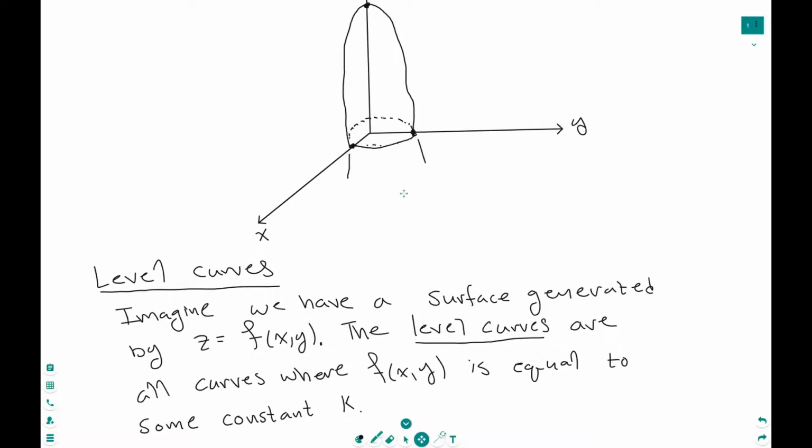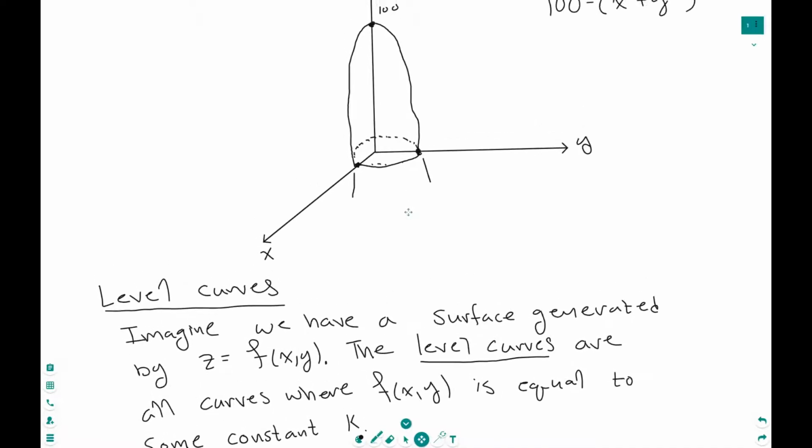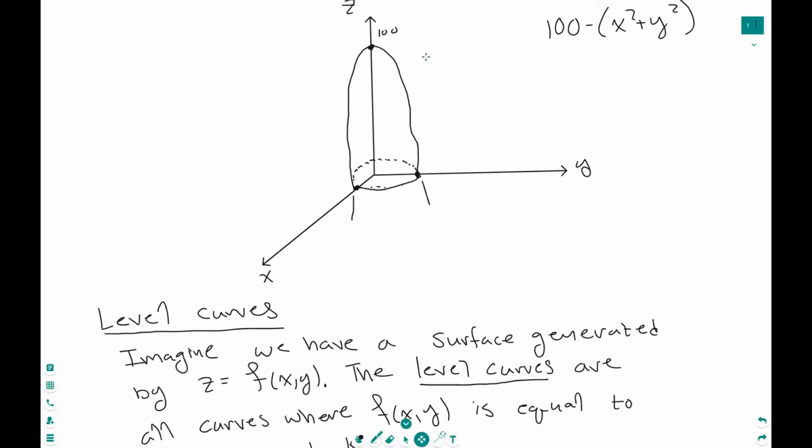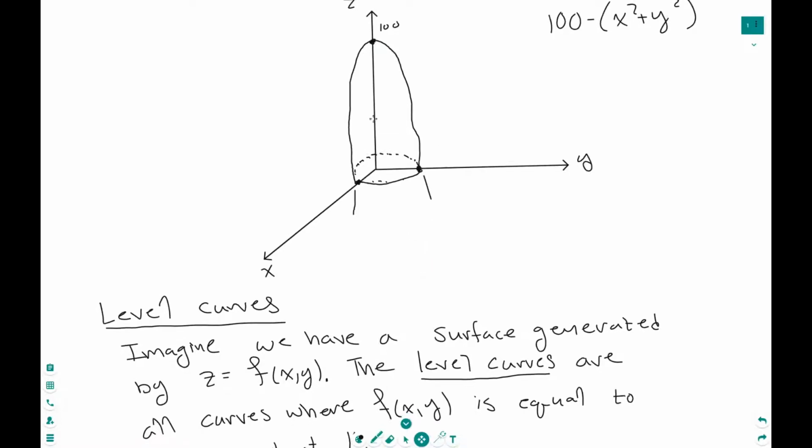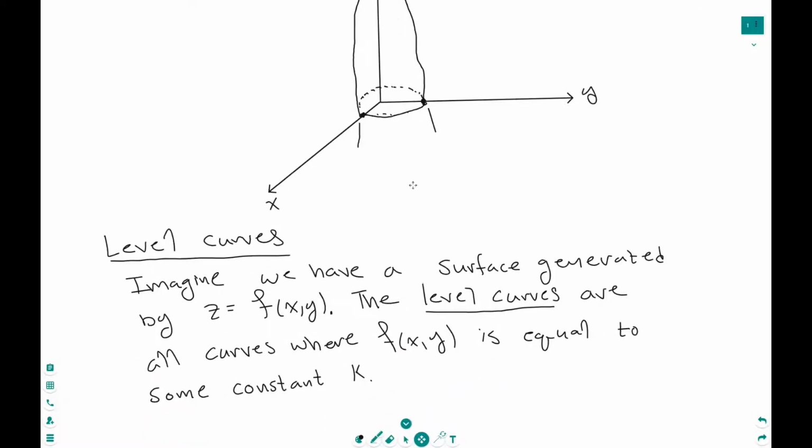Maybe I wanted the level curve for 100. That would be the collection of points where z is equal to 100, which is just the single point at the top of our surface here. Right? And you can imagine you set it equal to somewhere in between 0 and 100, and you'd get another little circle in here or below it.